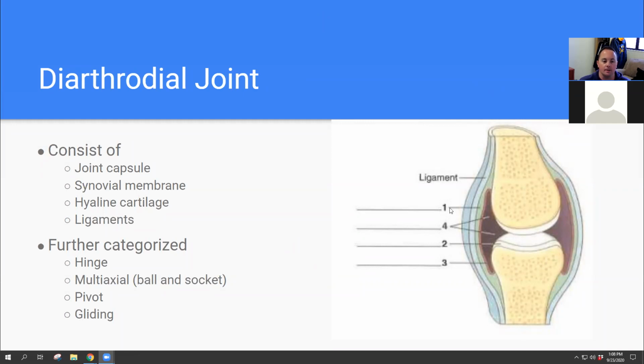I would like you to label these 4 structures in that picture. So what I would do is just write diarthrodial joint, 1, 2, 3, 4, and label them. I would not take the time to draw them. It is 1:08 now. I will go ahead and give you until 1:15 to get that done. Okay, it starts on page 604.